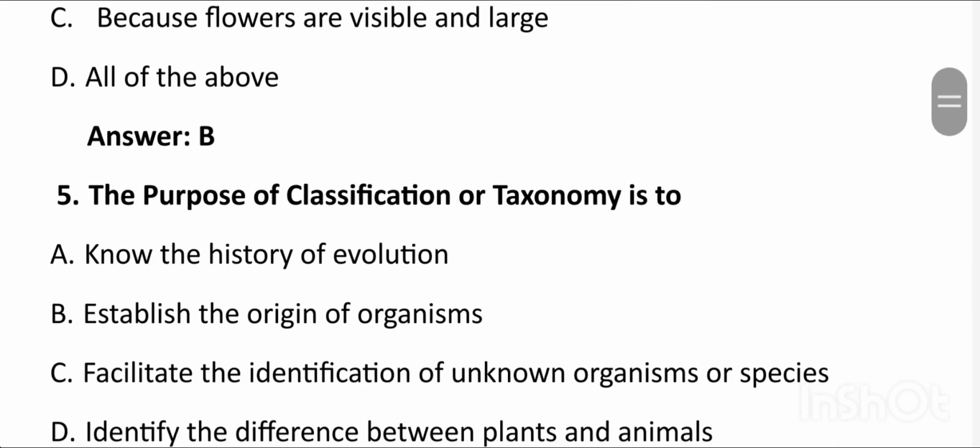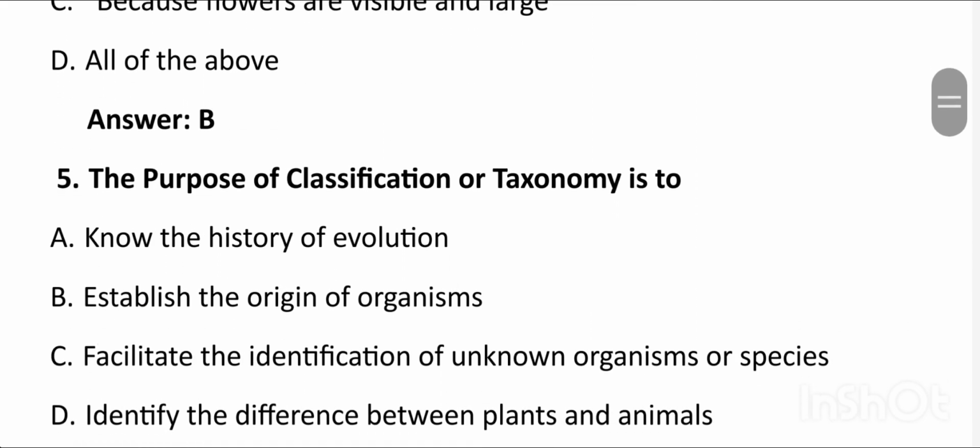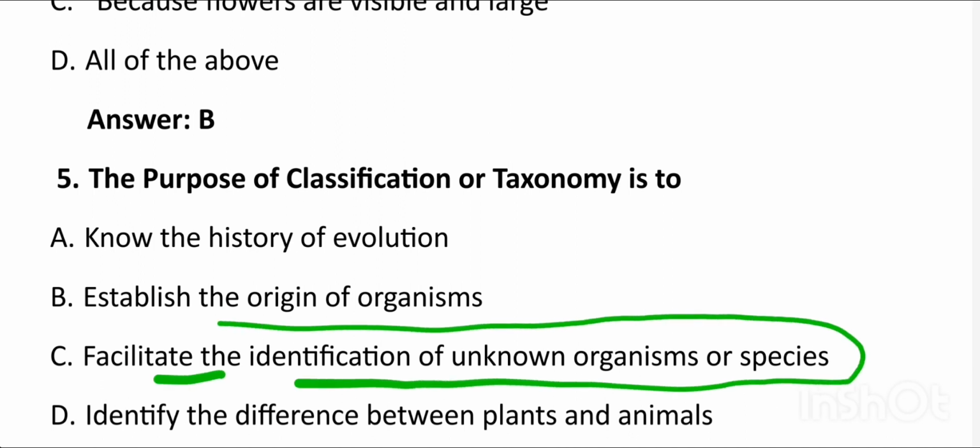Then the purpose of classification or taxonomy. What is the purpose of classification or taxonomy? So here the answer is to facilitate the identification of unknown organisms or species, because millions of species are present on our earth which are not known to us.